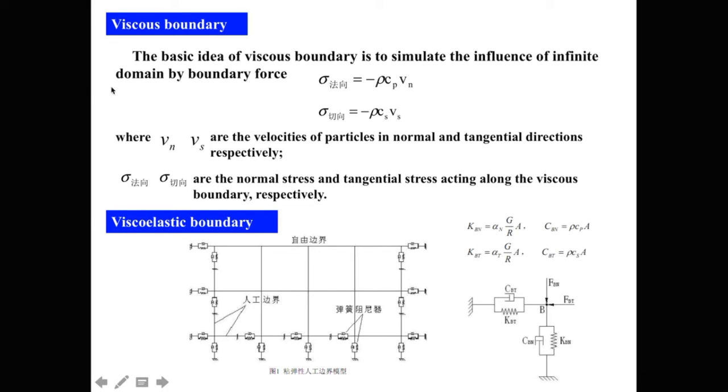And these boundaries are usually used. First is viscous boundary. The basic idea of the viscous boundary is to simulate the influence of infinite domain by a boundary force.